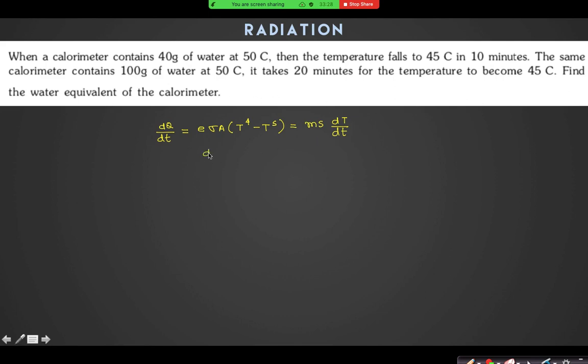So from there we could find that dT by dt is equal to E sigma A by ms, and this approximation was T power 4 minus Ts power 4, which is T square minus Ts square into T square plus Ts square, so T minus Ts and T plus Ts.